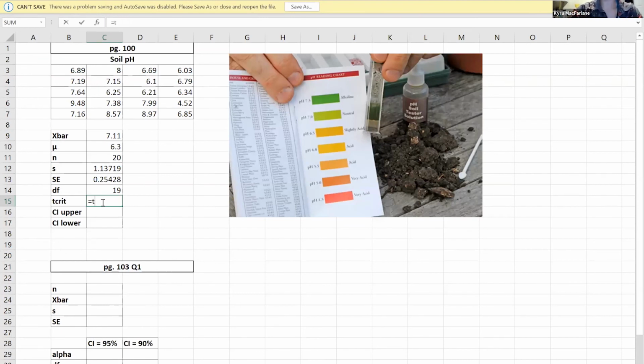So we can do T.INV. There's actually T.INV and T.INV.2T, and you can use either of them, and I'll explain that a little more in a second. So the probability would be 1 minus alpha over 2, so 0.05 divided by 2, comma, our degrees of freedom.